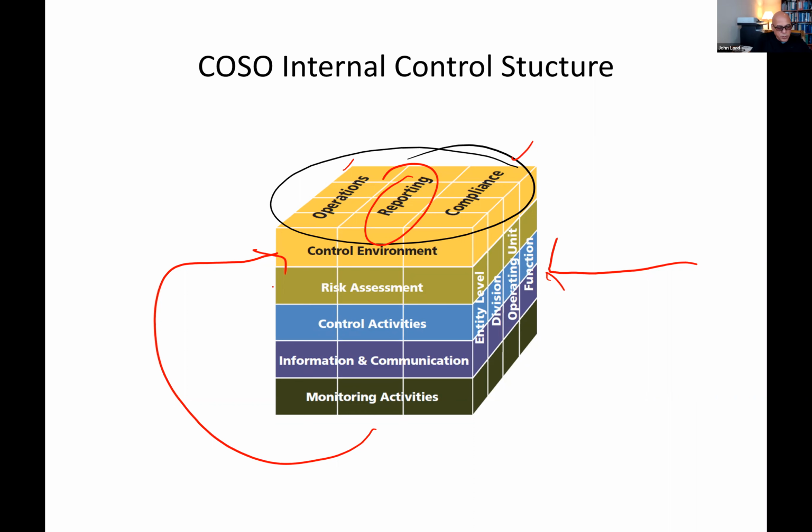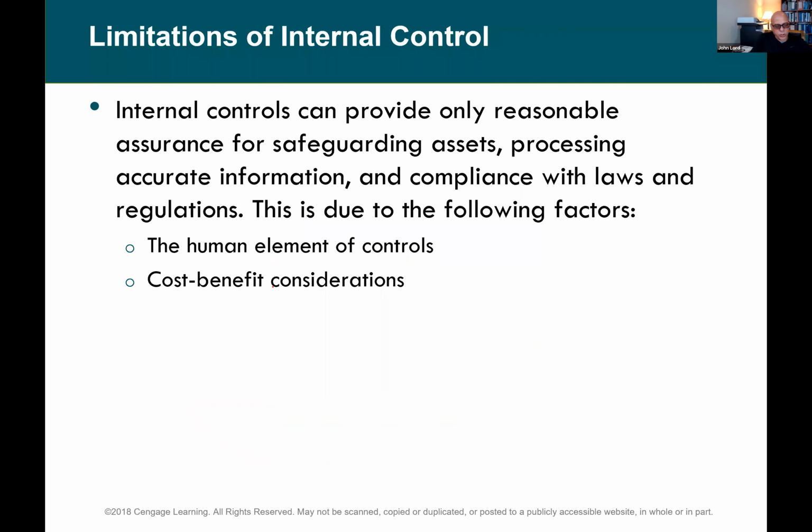Now, when we look at internal controls, there are always limitations. One limitation is human error. Human beings make mistakes. It may not be intentional, but something goes wrong and they make a mistake and don't implement the control correctly. The other big limitation is collusion, circumvention of the controls.